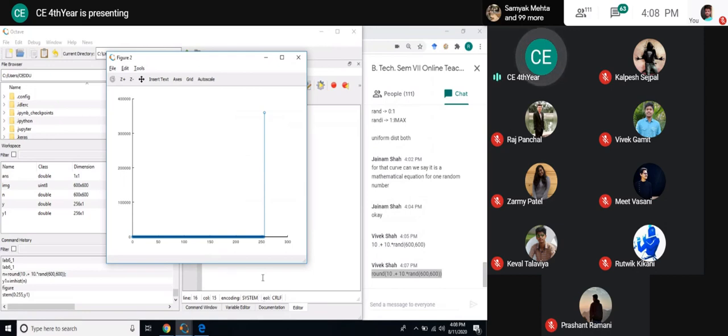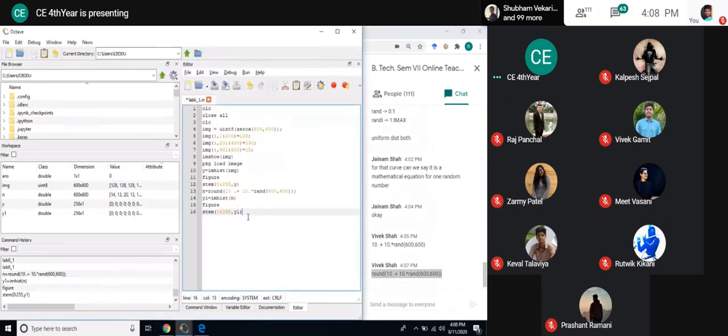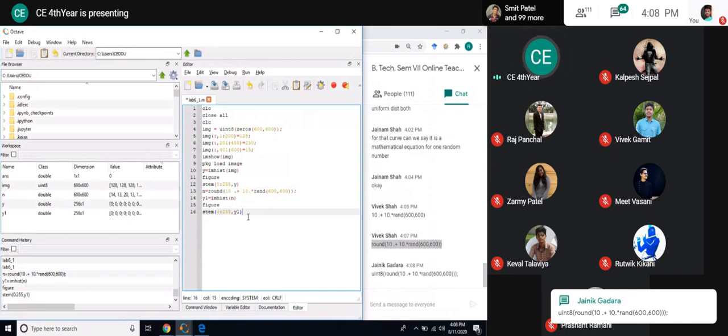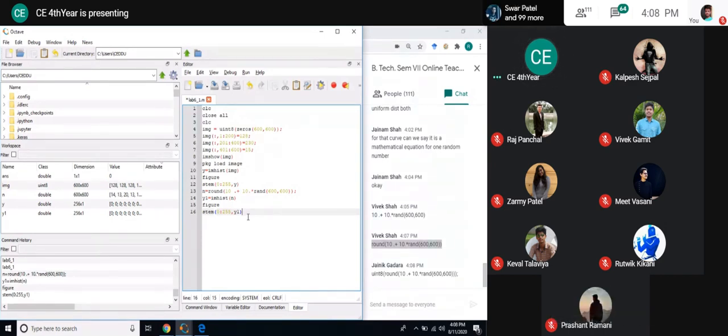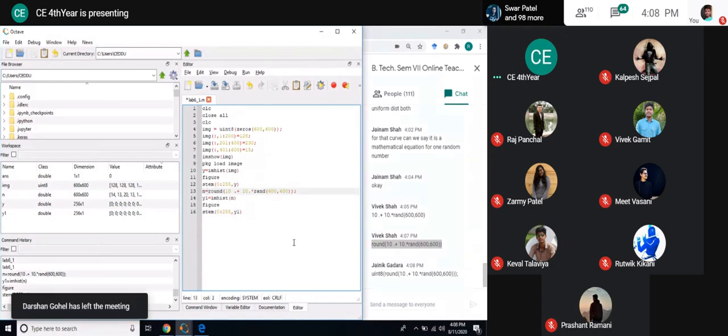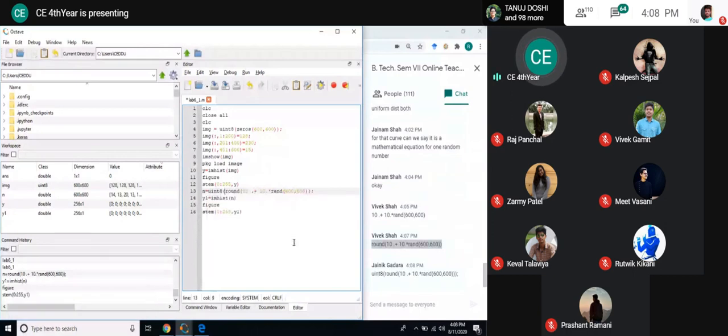The values are not right. What is the issue here? Let us try that too.